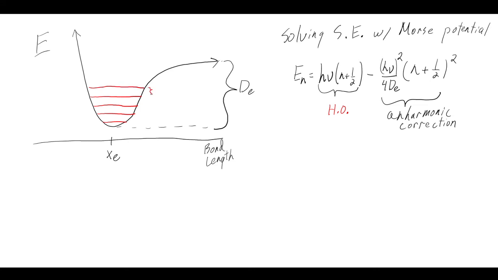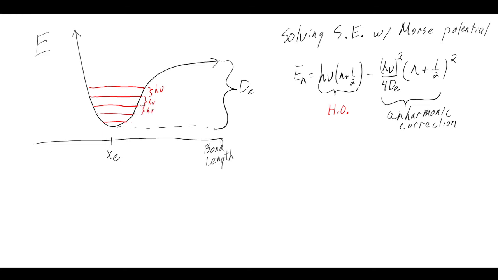Well, the difference in any of these is just h nu, right? The energy of this one down here is 1/2 h nu. The energy of this one is 3/2 h nu, 5/2 h nu, 7/2 h nu, 9/2 h nu. So these differences are all h nu.